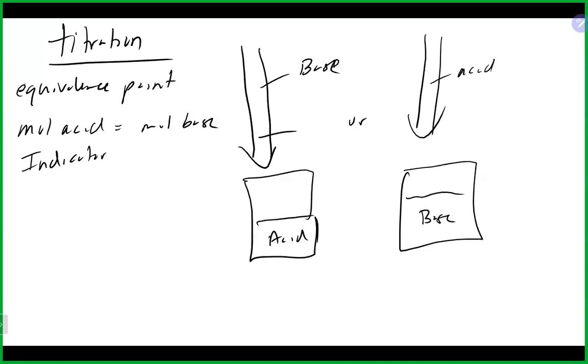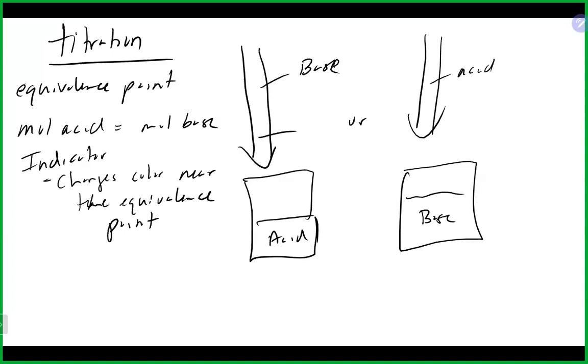It changes color near the equivalence point, as you saw, changing from colorless to pink, light pink to dark pink, depending on where you ended up. And again, that's just a visual indication that you should stop.